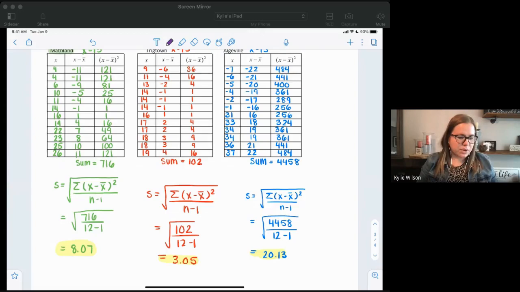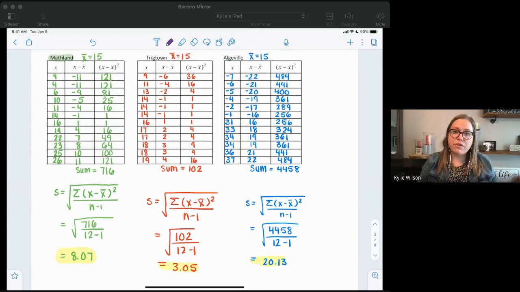So the standard deviation for Mathland is 8.07. For Trigtown is 3.05. For Algaeville is 20.13. Now, what this means is that Algaeville's data is far more spread out than Mathland and than Trigtown.